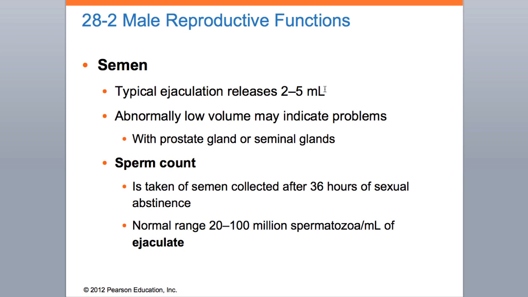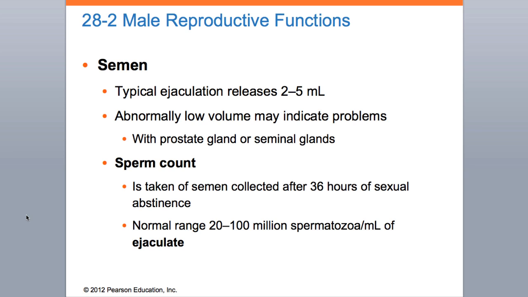Now, if we take this top number up here and find an average, say about 4, 4 would be 4 mils times 100. That would be 400 million per semen ejection. 400 million. If we take an average of about, say, 60, 60 times 4 would be about 240 million.